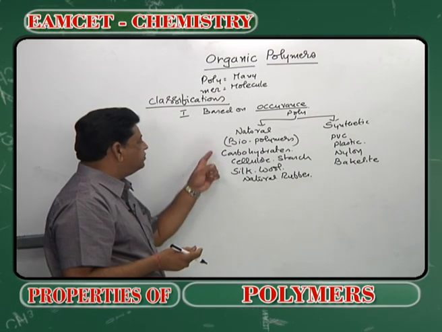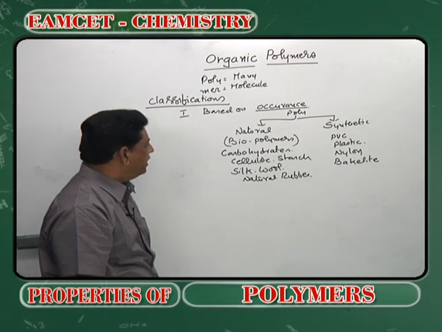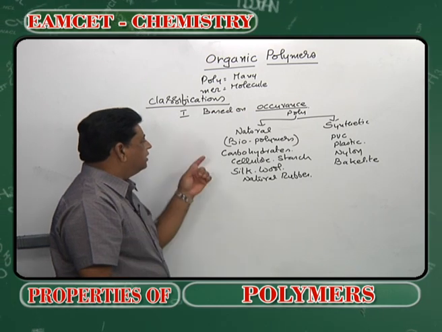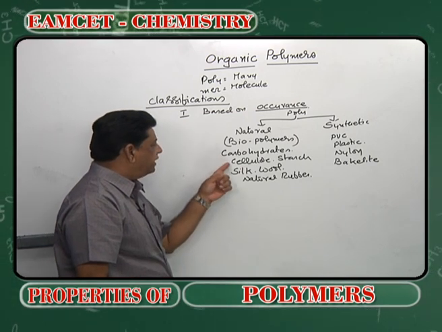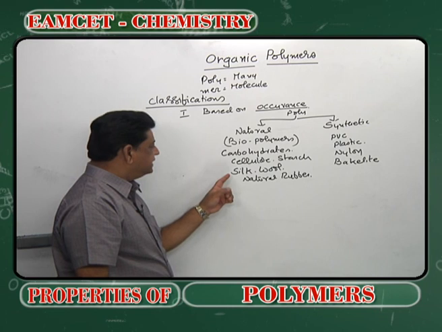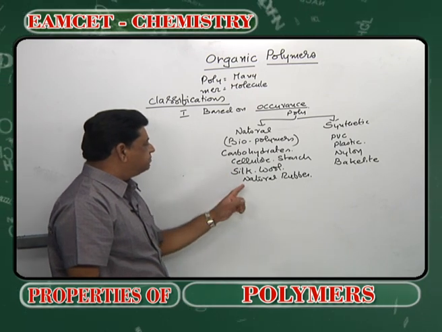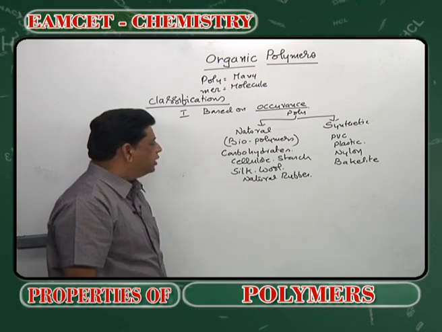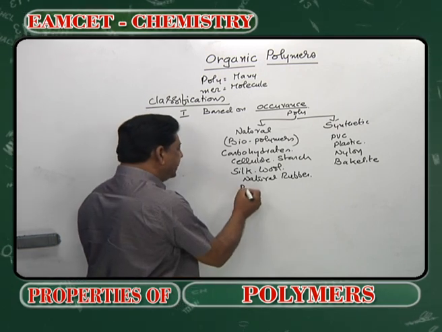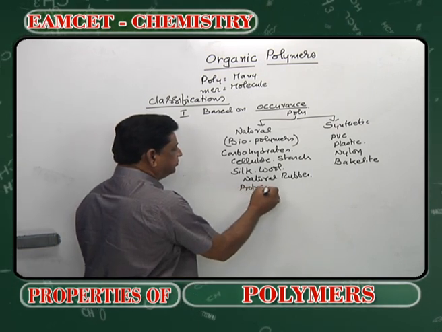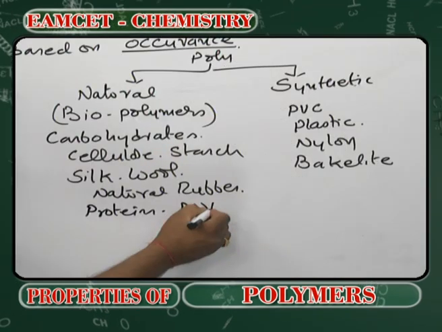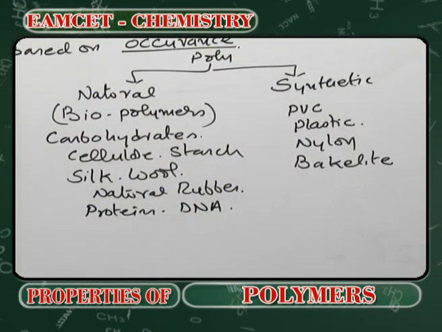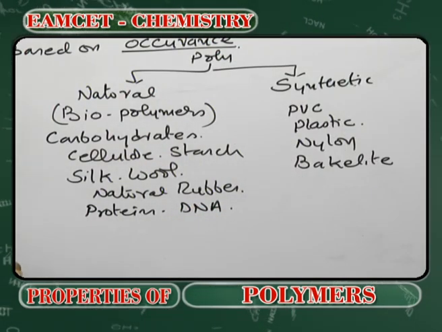But the polymers which we get from plants and animals are called natural polymers. Under the carbohydrates we have cellulose, starch; silk and wool are proteinous materials; and natural rubber, proteins, DNA, RNA are also natural polymers.